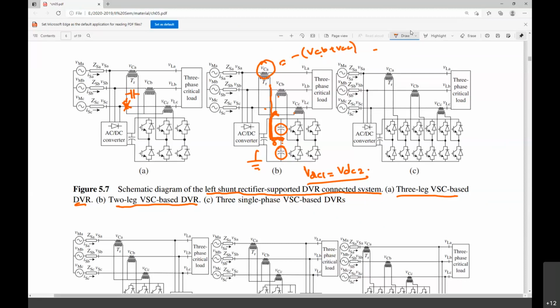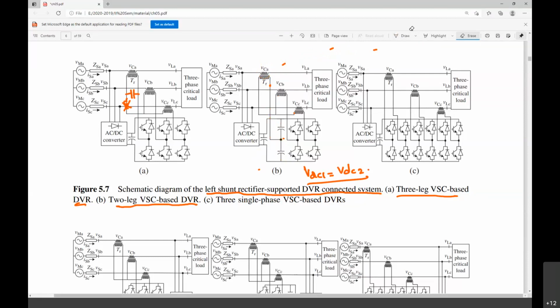With that, we can easily understand how this two-leg VSC based DVR is going to inject the voltage without having a leg for it, because now we are not having any leg to inject the VCA voltage.